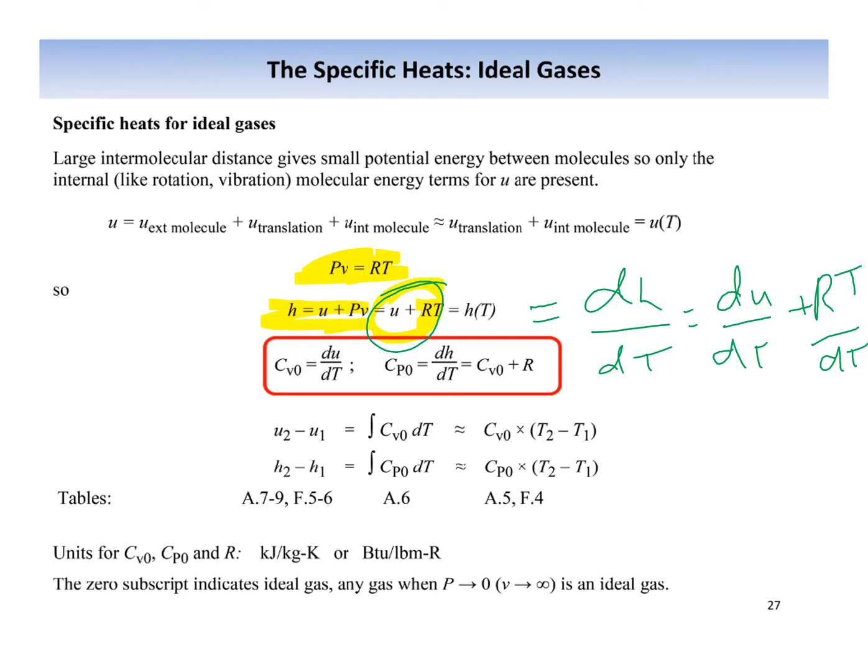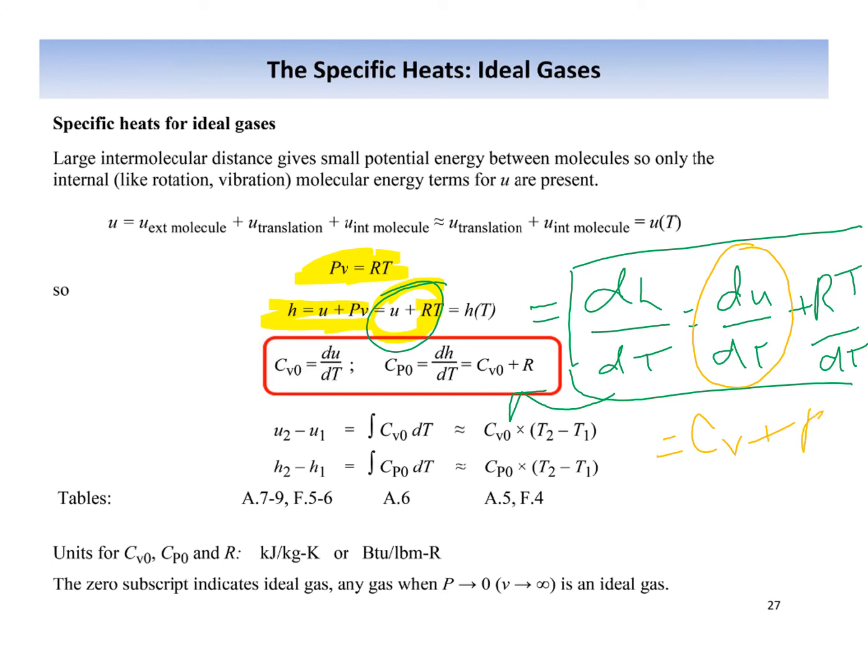If we simplify this, we will get this. This term, the change in internal energy over the change in temperature, is equal to Cv. We already know that; in the previous slide we derived it. Plus R is equal to Cp.